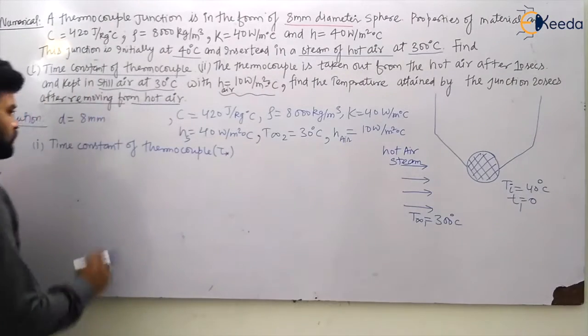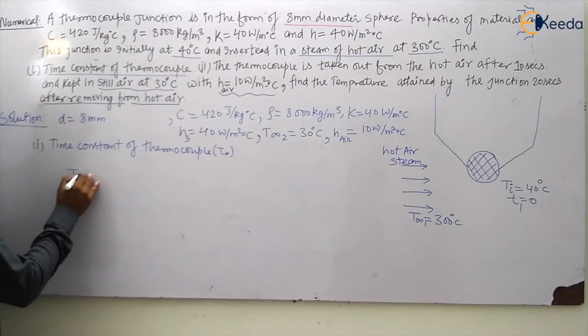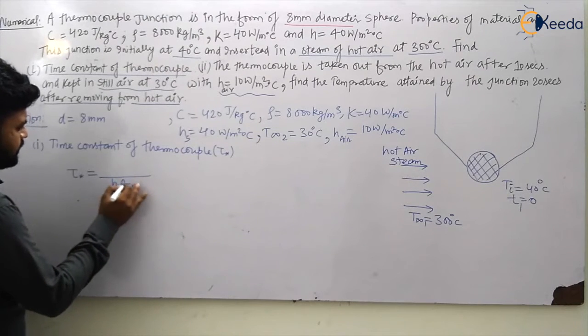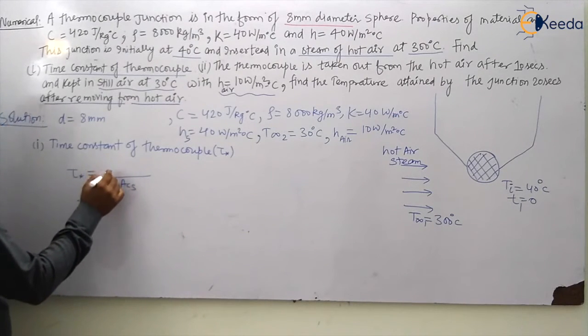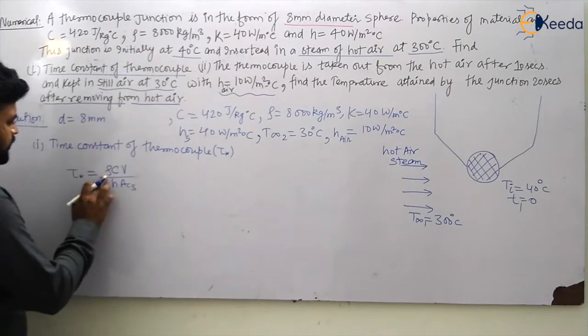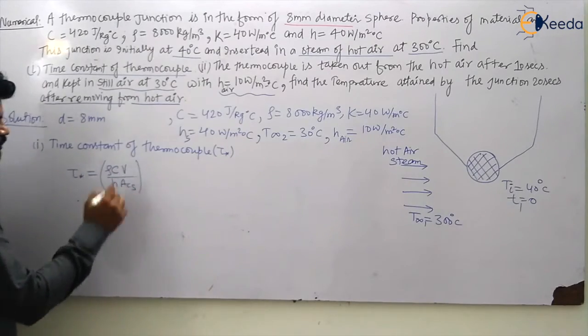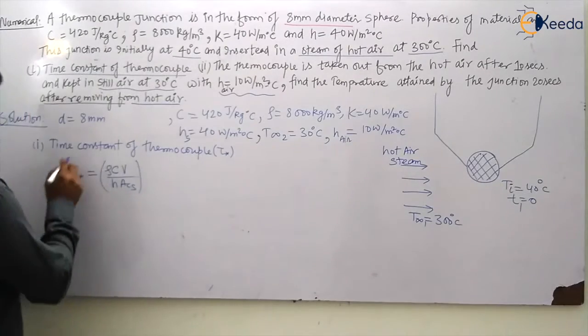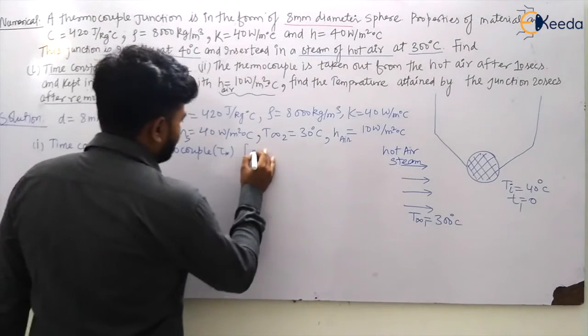The time constant for the thermocouple is given by hA over rho C V, taken inverted, that is rho C V over hA. So this will be your time constant, my dear students. We have seen this in the previous video; that is also called your one time constant.